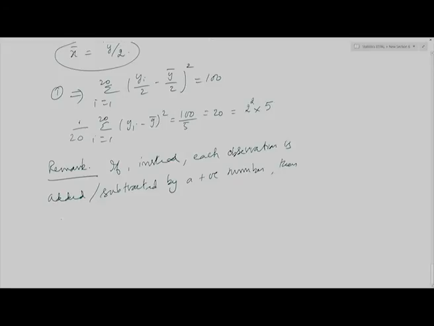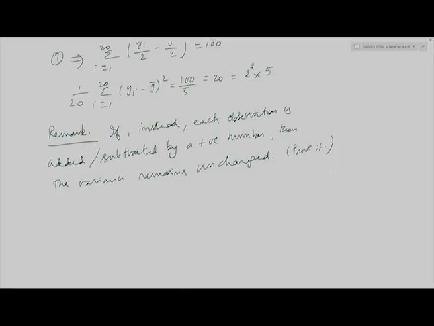Whereas in the case of multiplication we have seen it really affects the variance, in the case of addition and subtraction by a positive number, it will not affect the variance. The variance remains unchanged; the new variance will be the same. You can take this as an exercise and prove it.